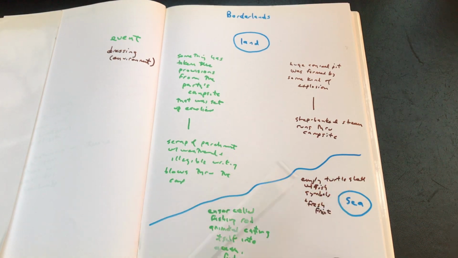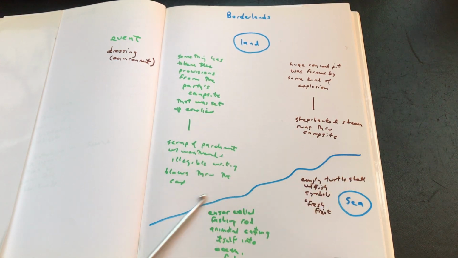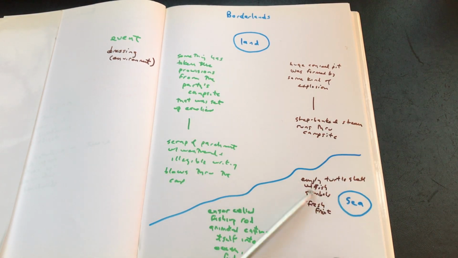Down the coast, in my mind at any rate, the detail that we rolled up was this empty turtle shell with some fish symbols on it, some writing, and some fresh fruit by it, and the indication that this fruit is definitely still fresh. So clearly somebody is around collecting this fruit, perhaps from the land, perhaps from along the coast, and for whatever reason has left it there.